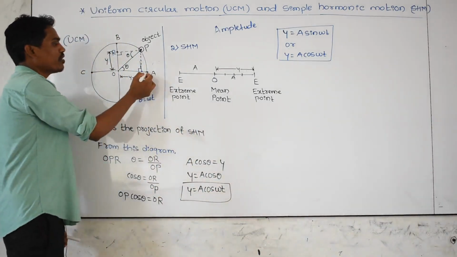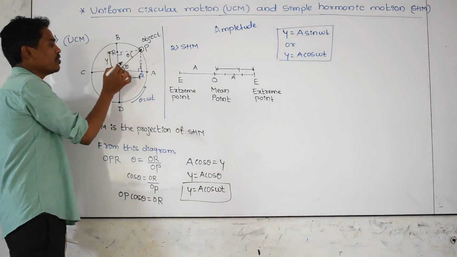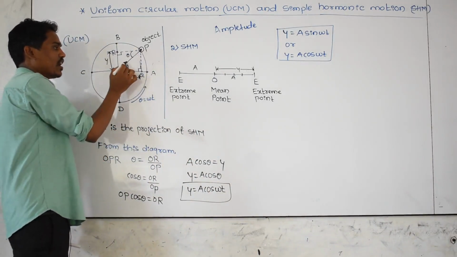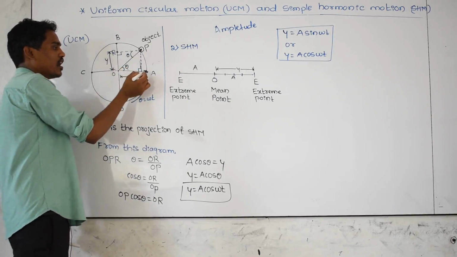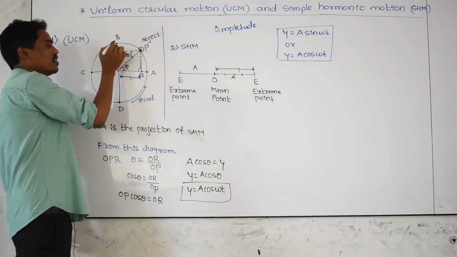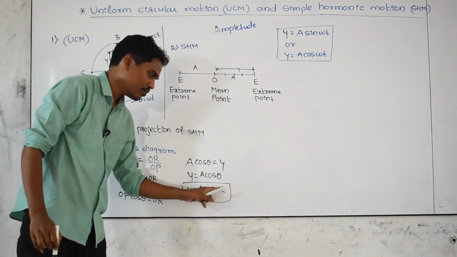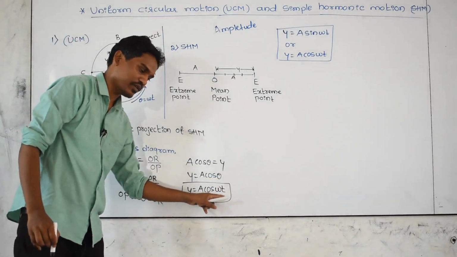If the body is moving from here to here, the angle between these lines is theta. The theta can be taken as the product of omega and T.